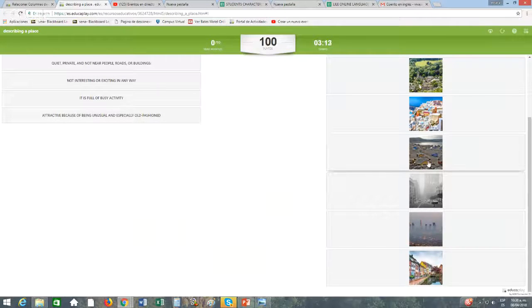The next one is like poor cabins for poor people, no roads, no buildings around. Next one, we have buildings, nothing around, just cars. A very simple picture. The next one, we have buildings, industries, a lot of cars, a lot of houses. I think it's possible this one.